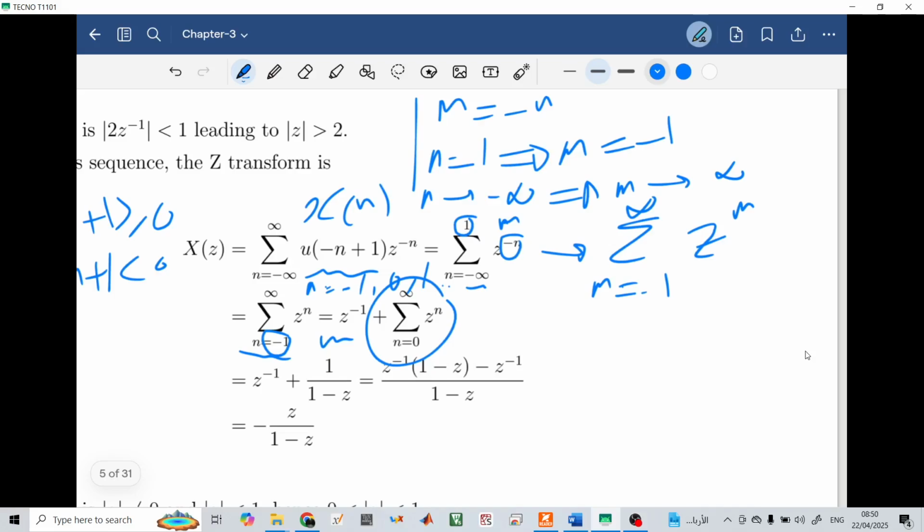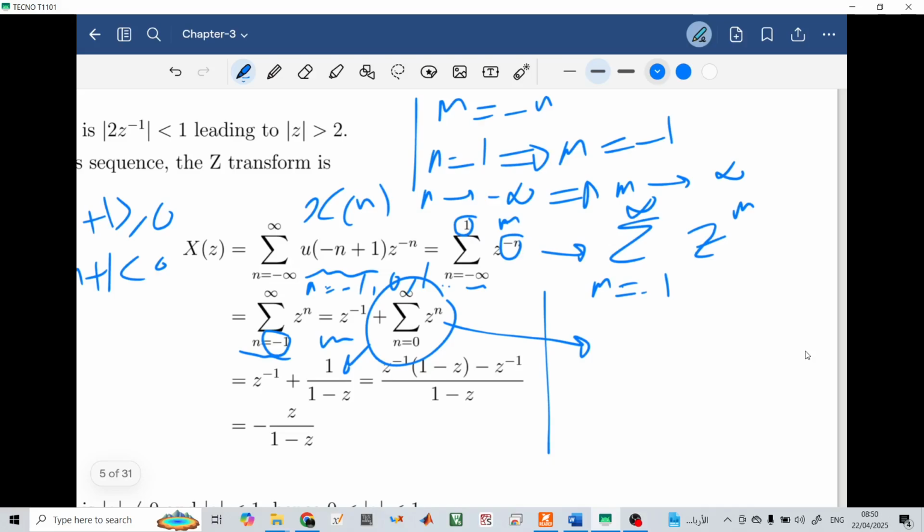So I can use the infinite geometric series formula here, but there's a small caveat that we need to consider. For the infinite geometric series, z equals what?